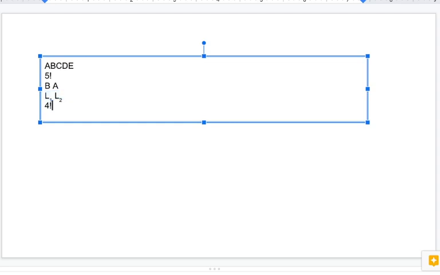So for every arrangement, there's 2 factorial multiples of them that have these 2 L's swapped and counted as different. So in order to get rid of that multiple, we just divide by 2 factorial, which equals 12 arrangements.